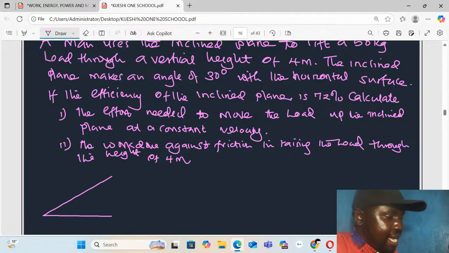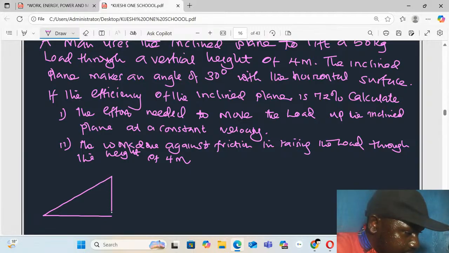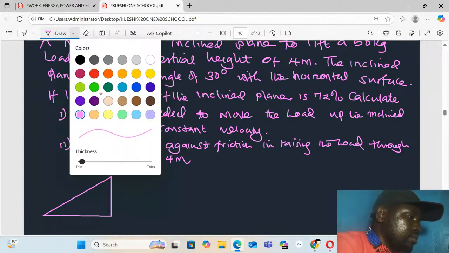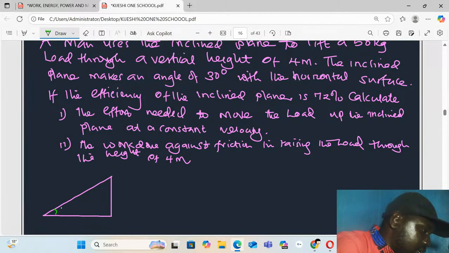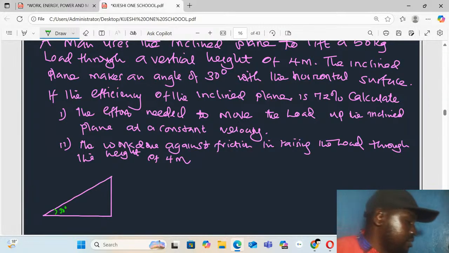It is inclined at an angle of 30 degrees. So now we are having 30 degrees here.